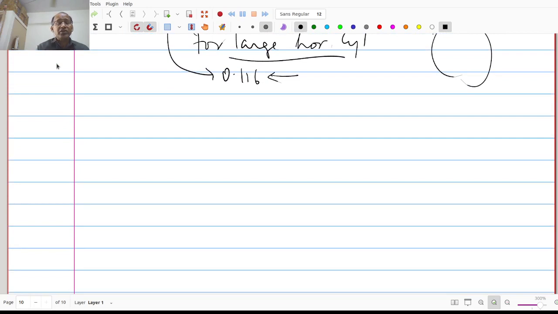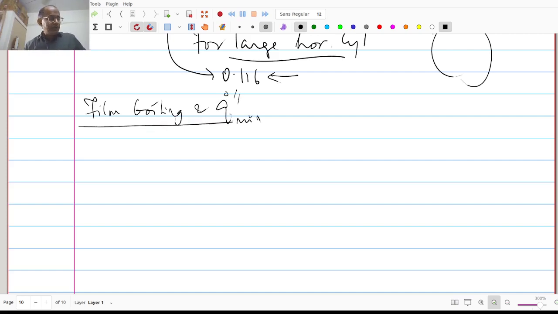Now let us look at the other side, film boiling and q_min. If you look at the geometric feature, film boiling on any surface, suppose I have a tube surface and there is film boiling happening on top of the tube, then you have a stable film of vapor that is enveloping this, and this vapor bubble just tries to rise.